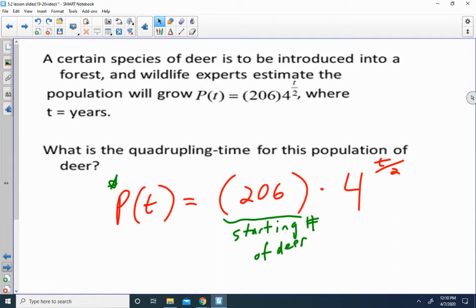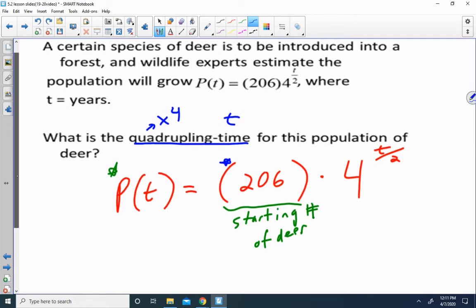And this time, we are trying to find the quadrupling time. Of course, we're trying to find a certain amount of time, but this time, instead of double, we're quadrupling. And quadrupling, if you remember, that's times 4. So we want the population to increase by 4 times as much.